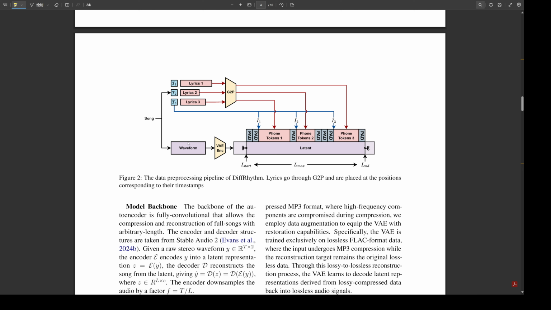So, to wrap up our deep dive into DiffRhythm, what are the key takeaways for our listeners? The things to remember are that DiffRhythm is a pioneer in using latent diffusion for end-to-end full song generation. It's crazy fast and efficient thanks to its non-autoregressive approach. It uses a clever sentence-level lyrics alignment method that makes the vocals super clear without needing tons of labeled data.